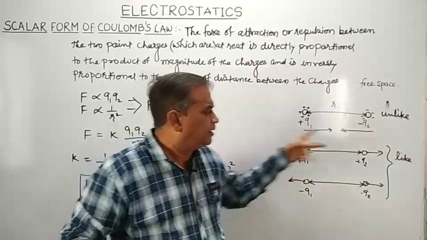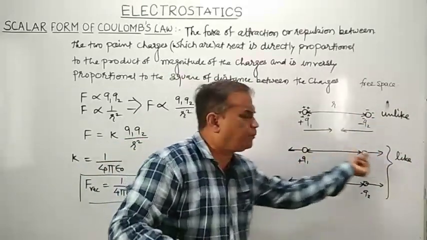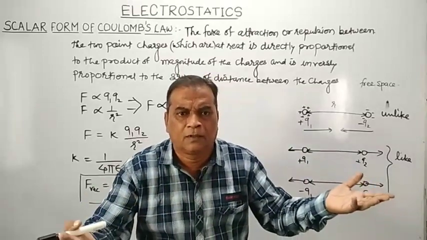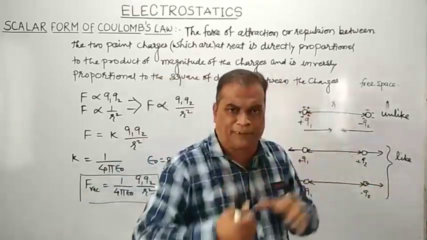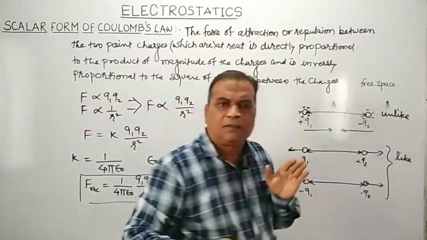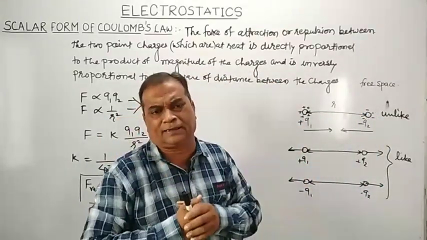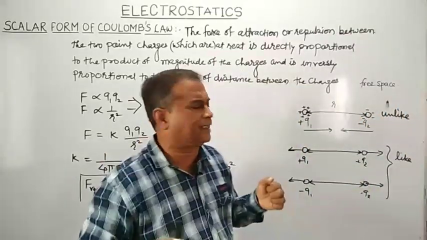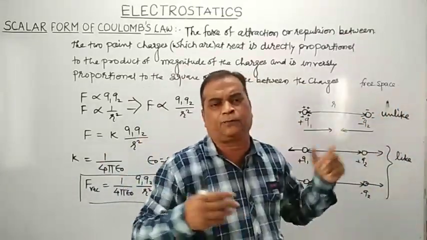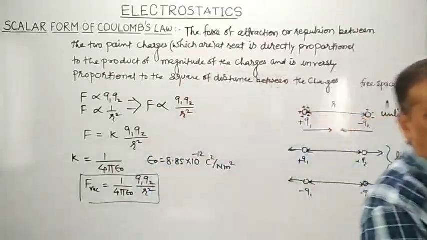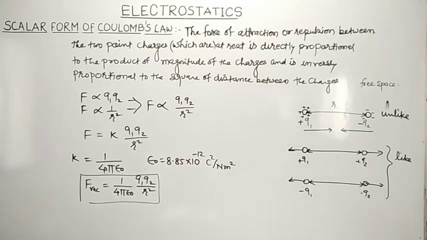Between like charges, positive positive or negative negative, the force is a force of repulsion, but this force will also act along the line joining the two charges. So for unlike charges, the force is a force of attraction, and for like charges, the force is a force of repulsion.